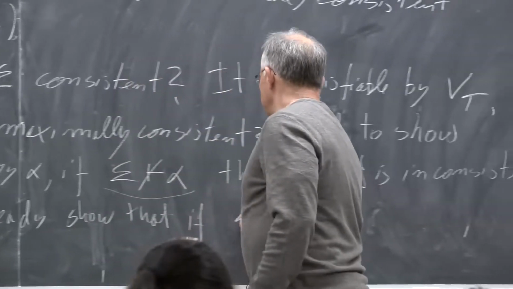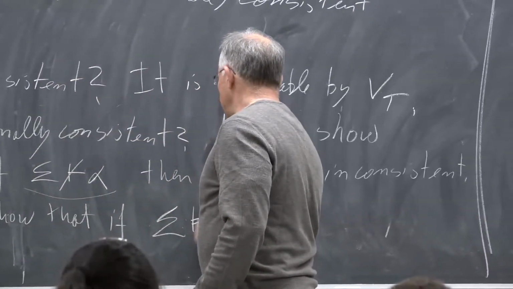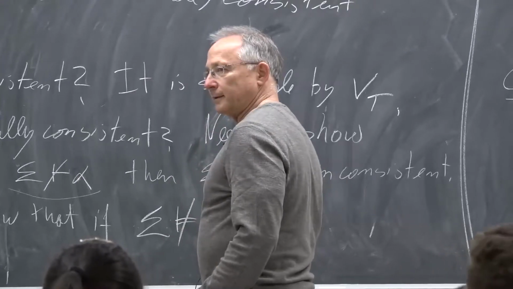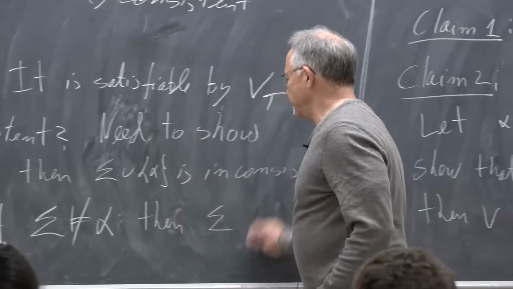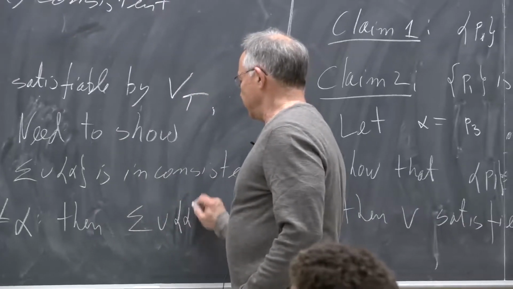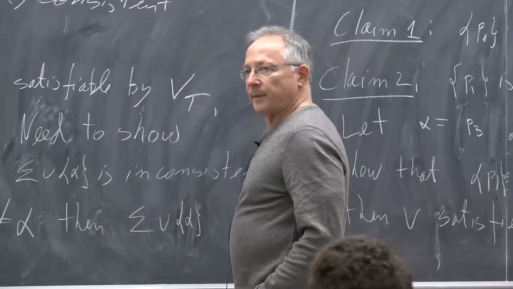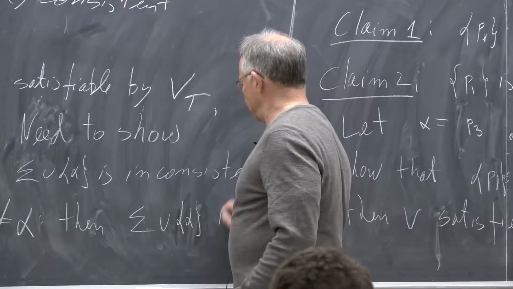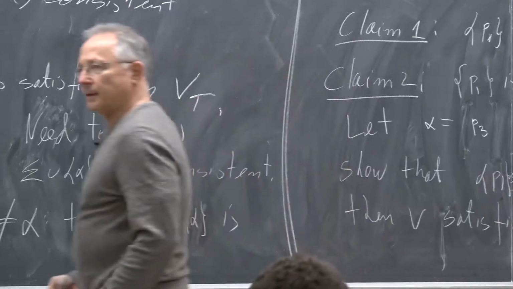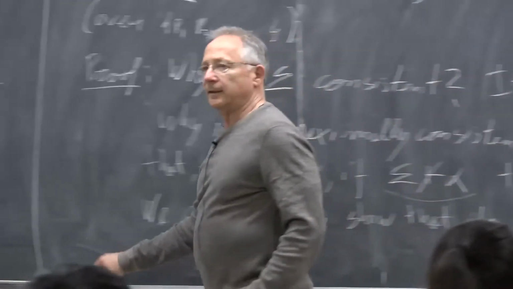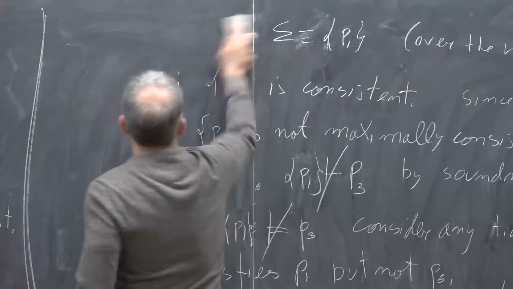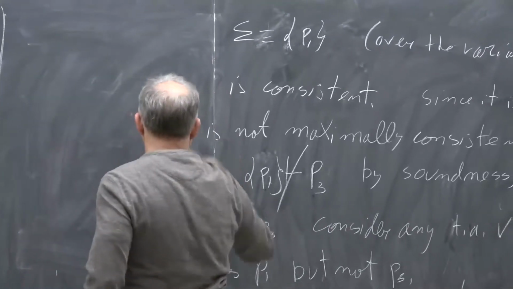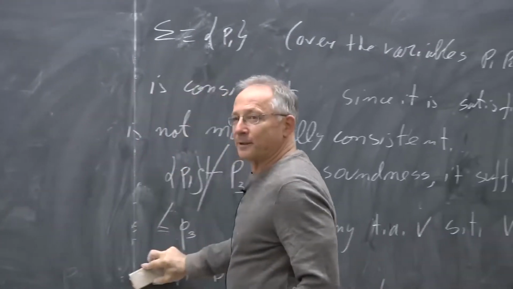if sigma does not logically imply alpha, then sigma union alpha is not satisfiable. But you see, not satisfiable does not mean not consistent.